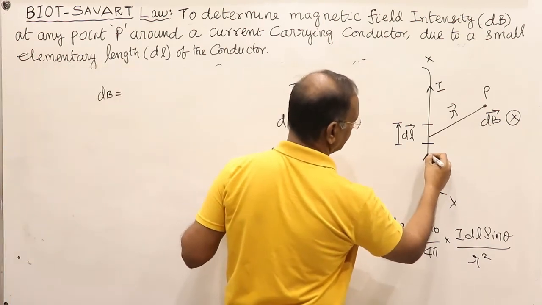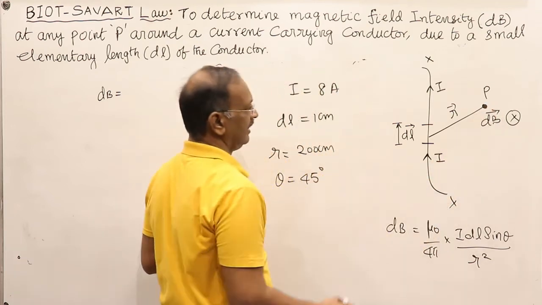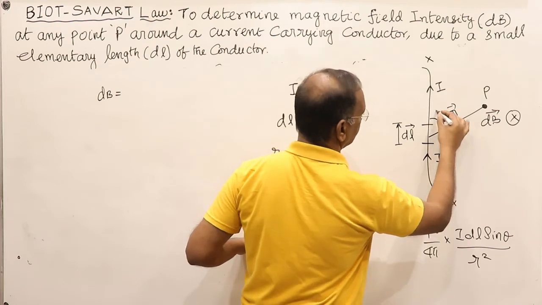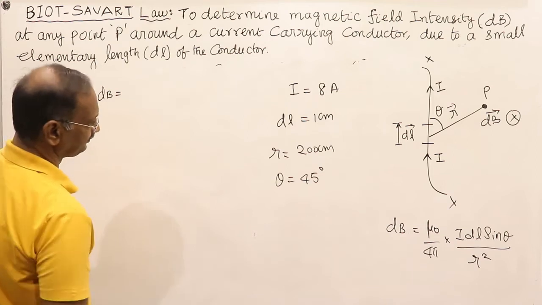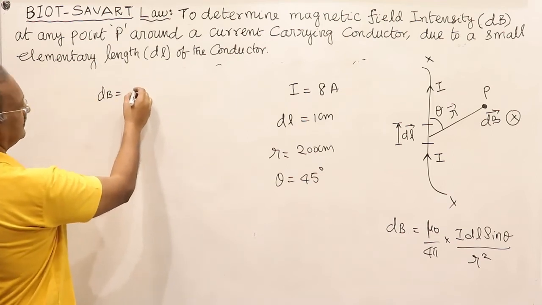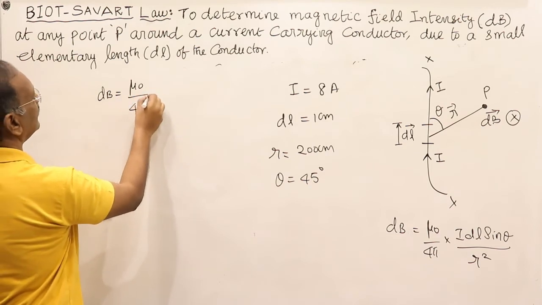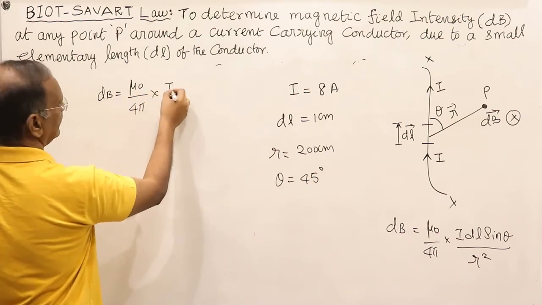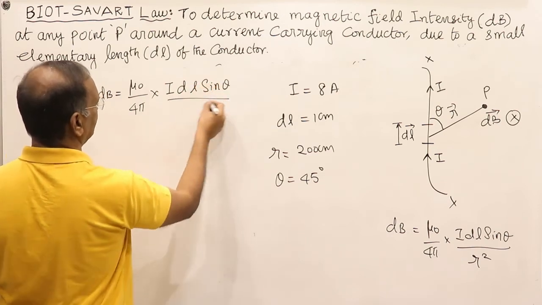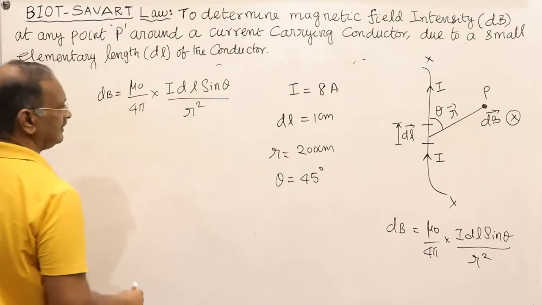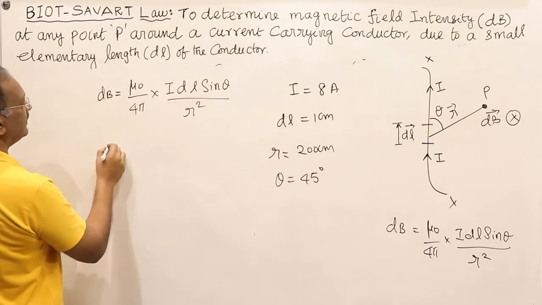Let us assume the current is in this direction and this is the point, and this angle is theta. dB is equal to mu naught by 4 pi into I into dl into sin theta divided by r square. We can find the direction after finding its magnitude.